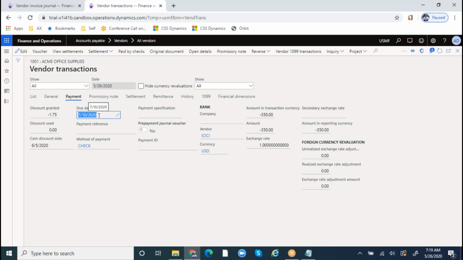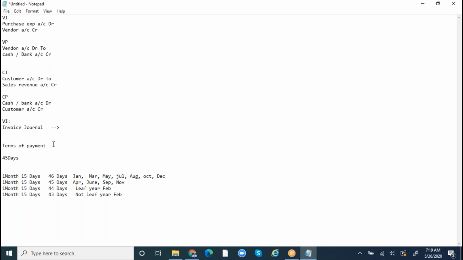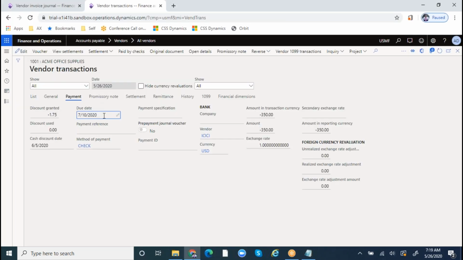It is 45 days. Understood? Based on terms of payment, due date will be calculated.